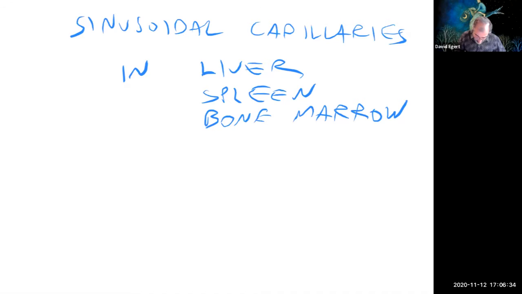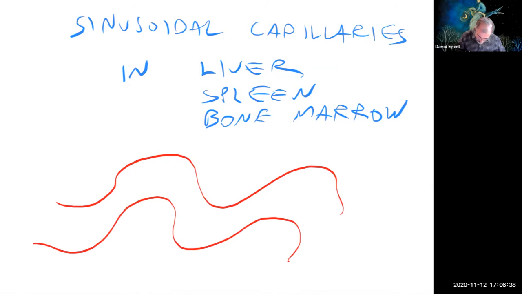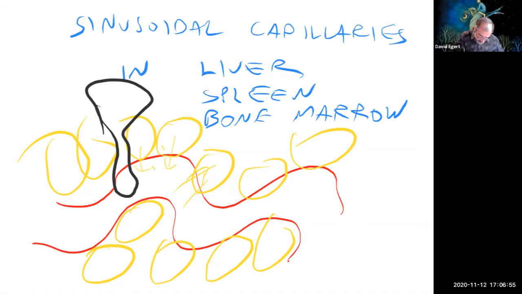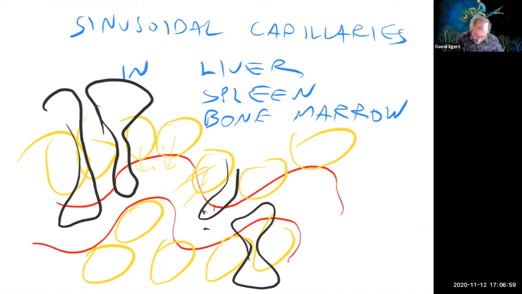So like when you get into the liver, you've got all these hepatocytes which are coming in and detoxifying and storing and doing things. You have white blood cells that are reaching in and recycling worn out red blood cells and cleaning things up.